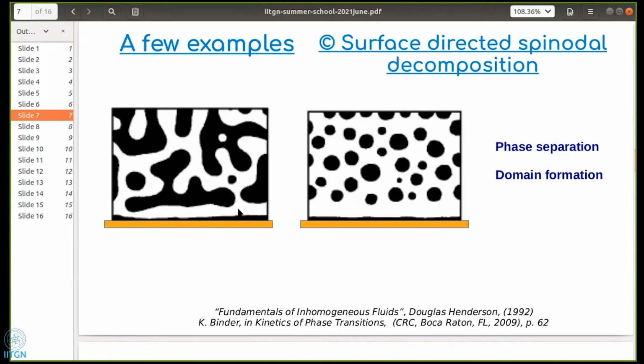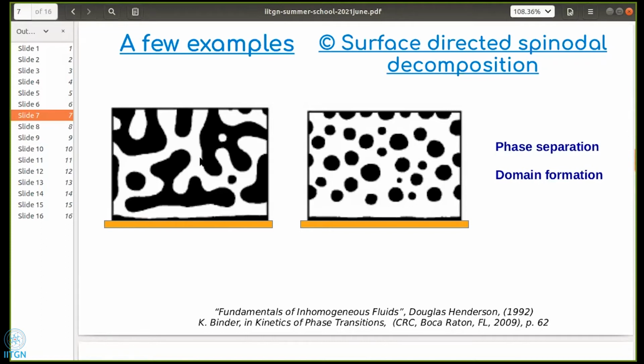Now, what happens away from the surface? As you go further away, the affinity of the surface to attract the A particles also decreases, right? Why? Because the distance of the particles from the surface is increasing. So this affinity is getting lower and lower as you go further away from the surface.